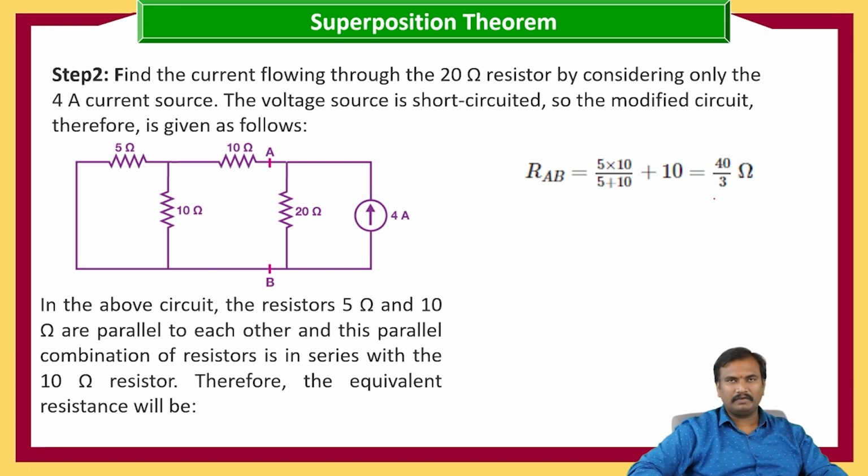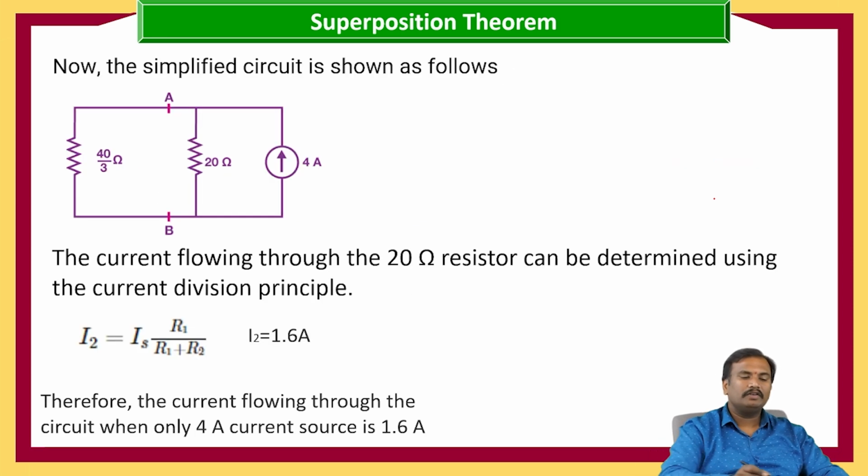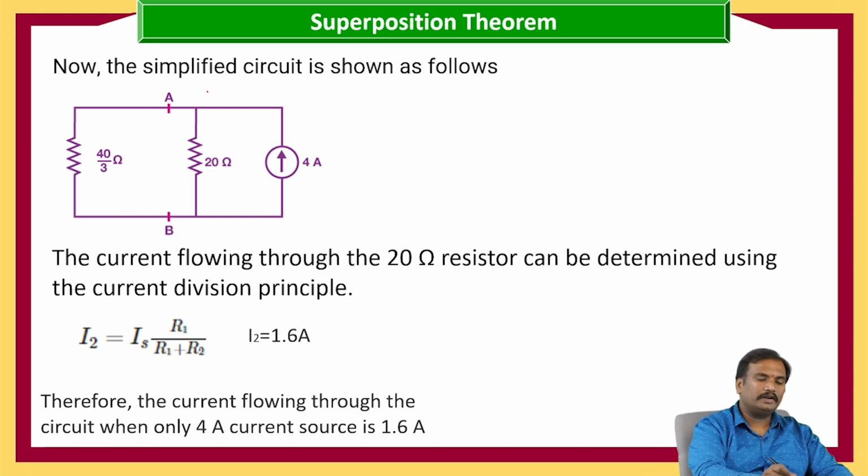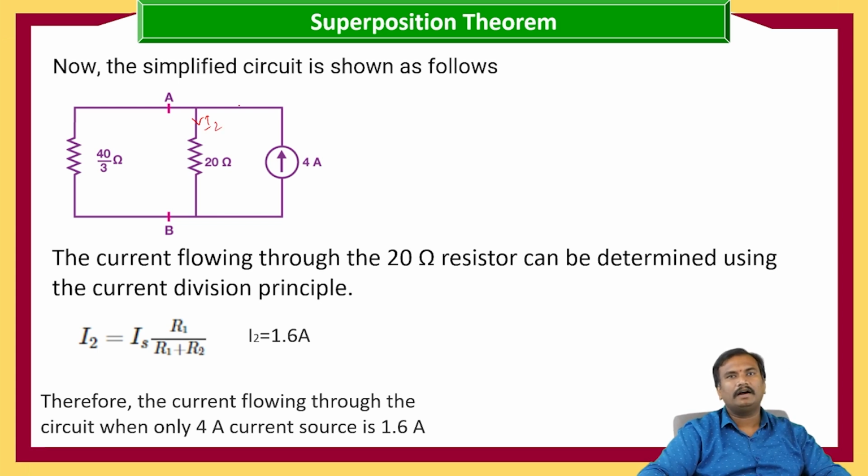After getting the RAB value, if we replace the circuit with a single resistance, we are going to get the RAB value as 40 by 3 ohms in parallel with 20 ohms and 4 amperes. Now by using current division principle, I2, that is current flowing through 20 ohms, let us consider this as I2. I2 is equals to Is into opposite resistance by sum of two resistances.